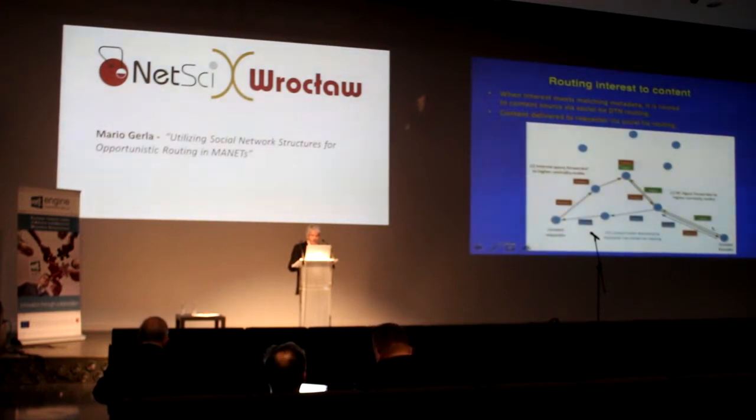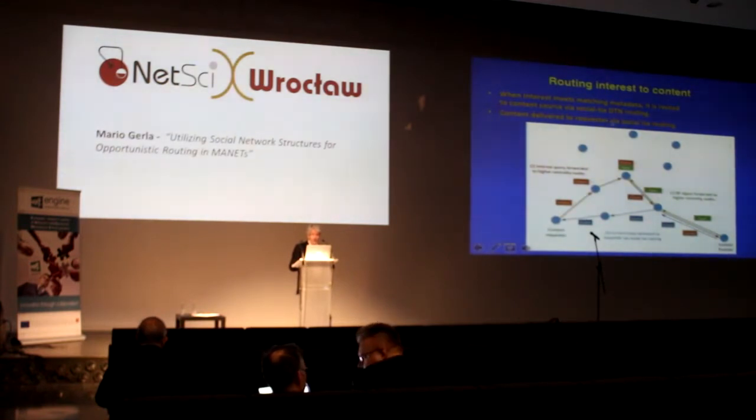Now, the interest constantly looks for nodes which carry the Bloom filter of the content it requires. So the content I require is checked against the Bloom filter. If there is a match, I will look for the ID of the originating node, right?